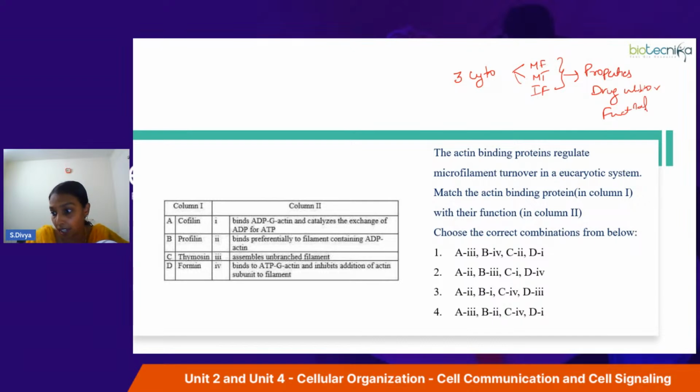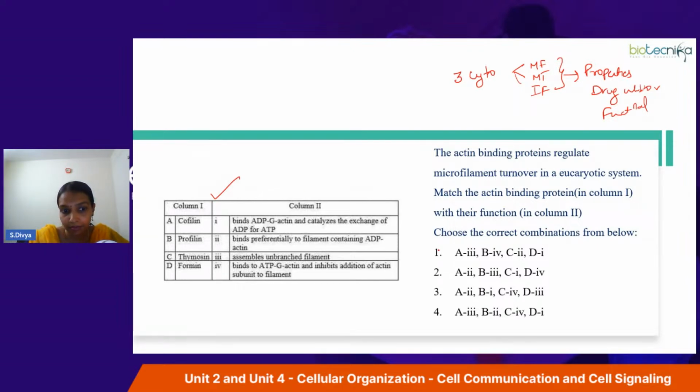Try to remember that. That is important from the examination point of view. In the recent past, if you look into the question papers, the majority of the questions are based upon these accessory proteins.